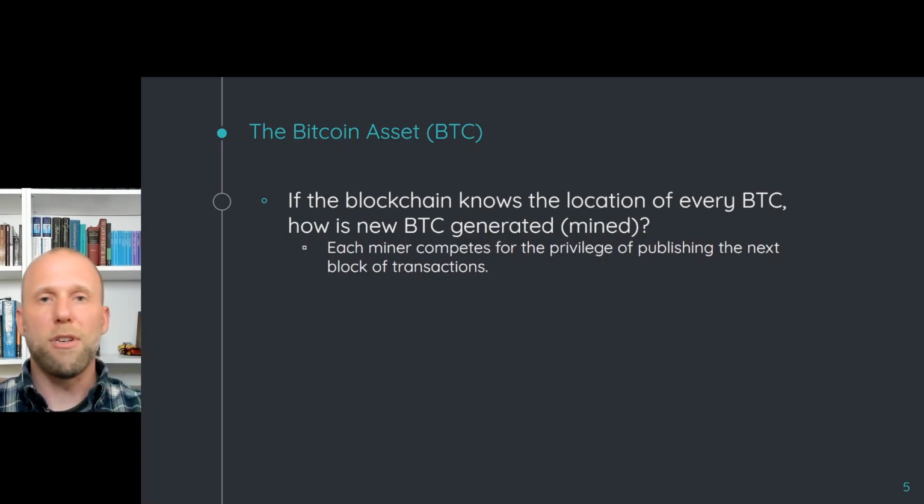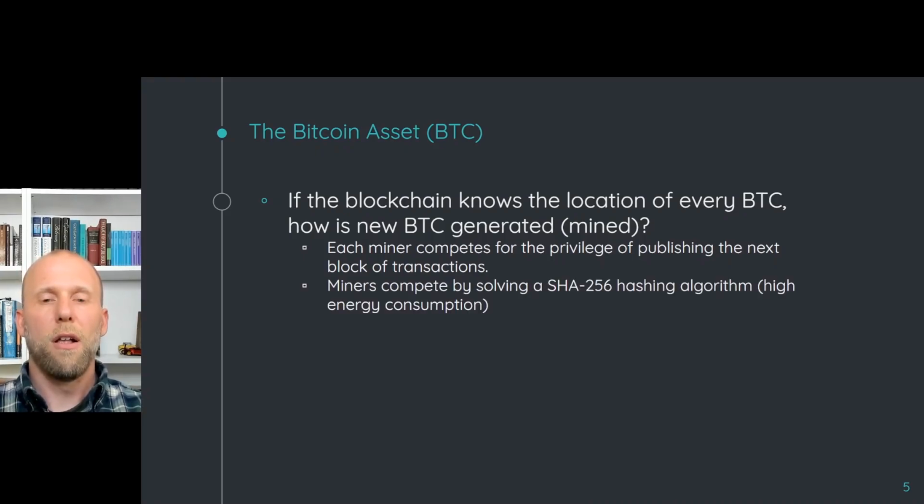They're all in competition together to try and win the reward for publishing the next block of transactions. The way that miners compete is by solving a SHA-256 hashing algorithm. Basically, you can just think of it as a cryptographic puzzle that each miner is trying to solve and be the first one to solve it.